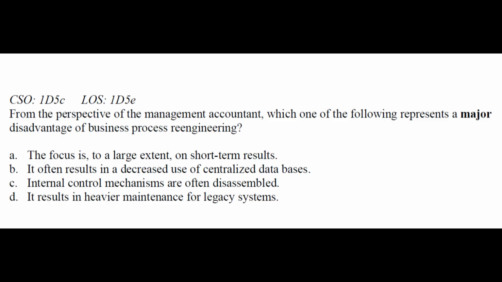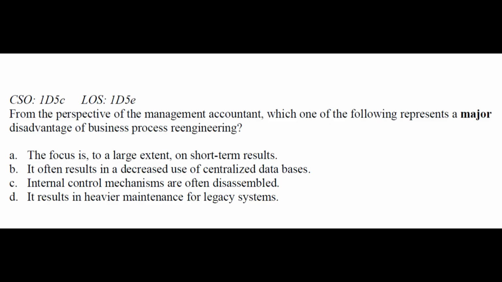Loss of traditional control structures, weakening of internal control systems, implementation risks, and disruption. The key is identifying a major disadvantage from a control/accounting perspective, not operational efficiency gains. A. The focus is, to a large extent, on short-term results.